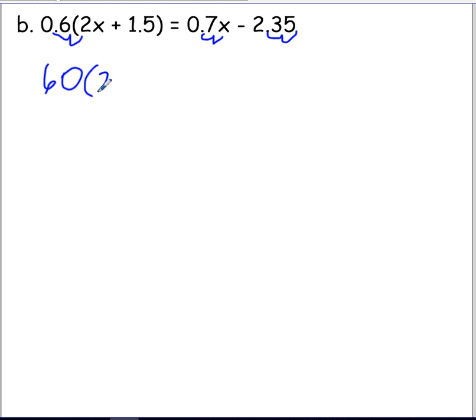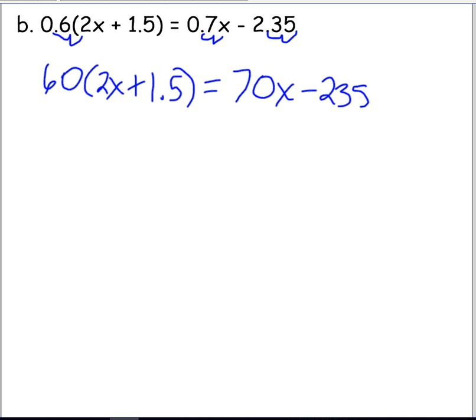And I still have a decimal of 1.5, but that'll get taken care of when I distribute. If it doesn't, then I can go ahead and multiply again to get rid of that. As you can start to tell, I think sometimes it's just easier to do the math with the decimal than to move it. That's just personal preference.